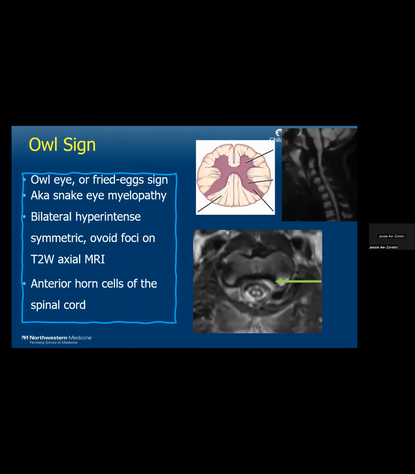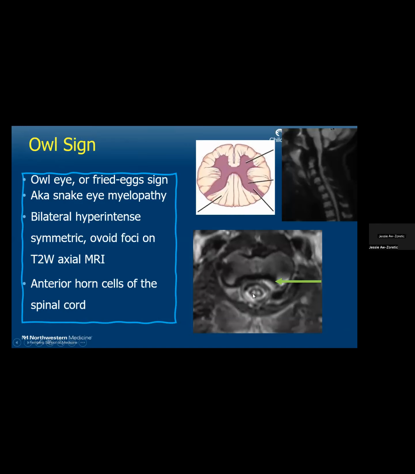So this is a very unique radiological sign, and it's related to a high cervical myelopathy that is seen in children or patients with achondroplasia. It affects the high cervical cord, the anterior horns of the gray matter, and here's a schematic, back to our med school days of anatomy. It is known by several names: owl eye, fried egg sign, aka snake eyes.